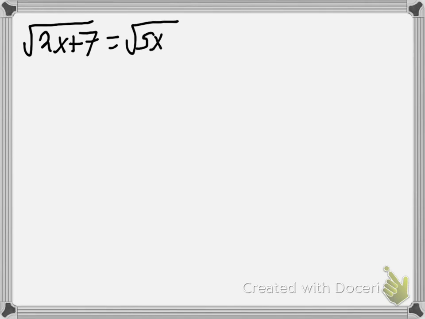Question number 18 gives us the square root of 2x plus 7 equal to the square root of 5x minus 2. Now, I saw some of you actually use this process in some of your homework problems. Square both sides. You get 2x plus 7 equals 5x minus 2.